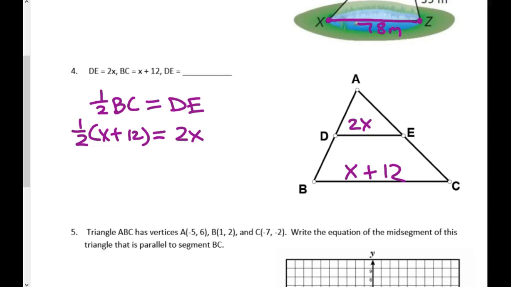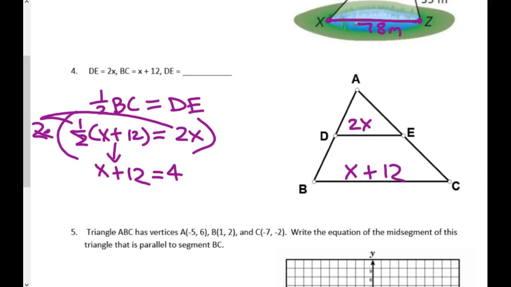And do y'all remember how I get rid of a fraction? To get rid of a fraction, you multiply by the denominator, the number on the bottom. So everything is going to be multiplied by 2 here. 2 times 1/2 cancels them out. So I'm going to bring down x plus 12. And then 2 times 2x is 4x. We do that to clear the fraction. And now x is on both sides.